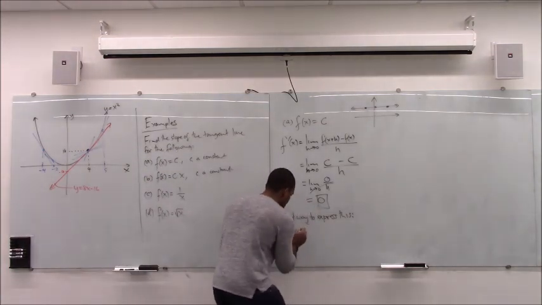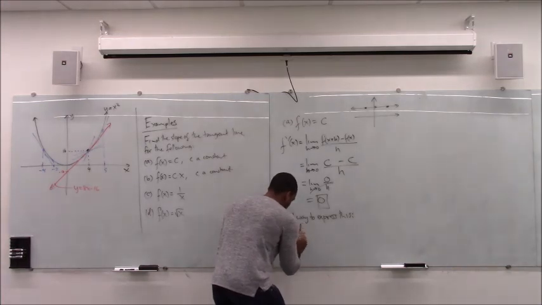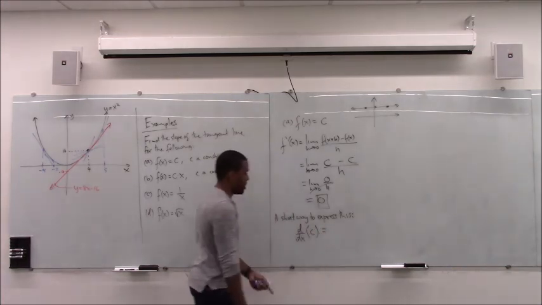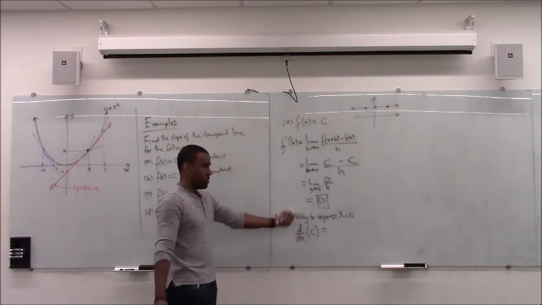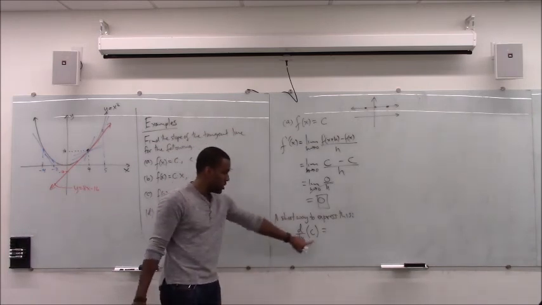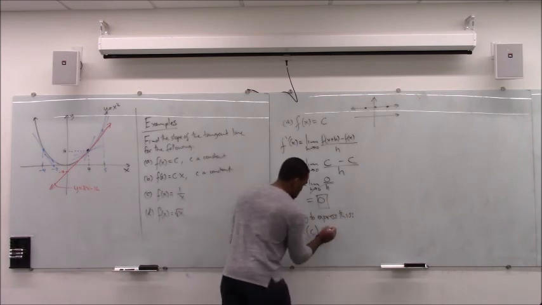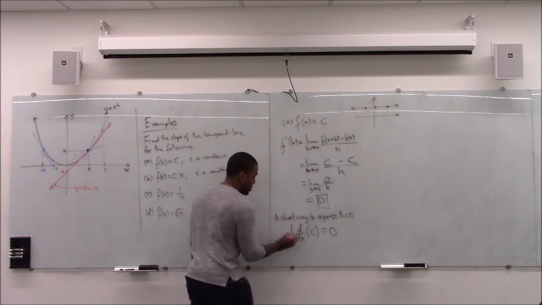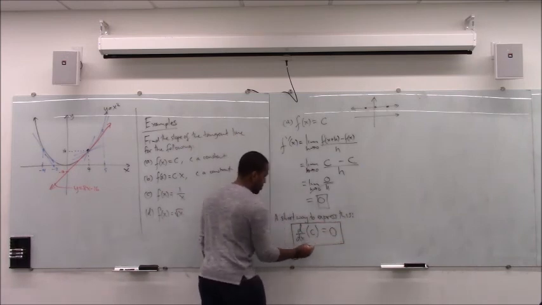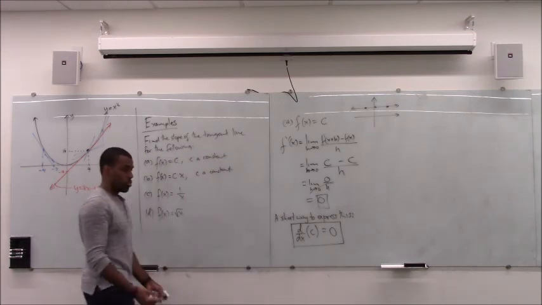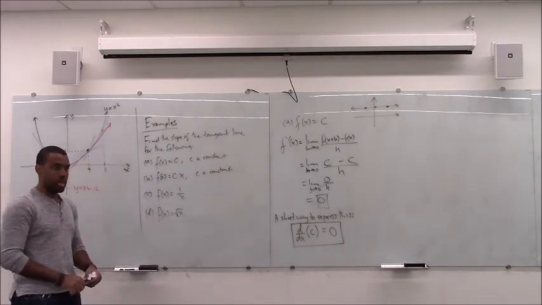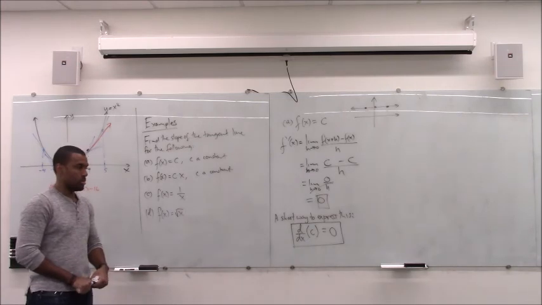One way to express this is to use Leibniz notation, d dx of a constant. I'm stating the derivative with respect to x of this function is 0. So I can state that as a rule, and that's a rule that you know now. The derivative of any constant is 0.